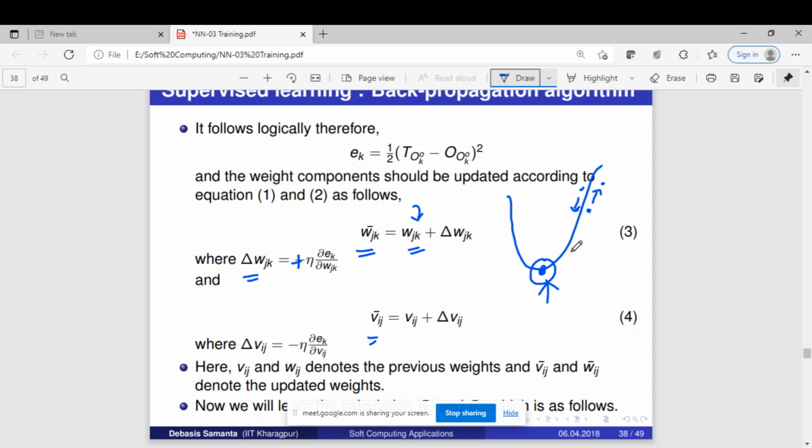Yeah, we should come down. That is the reason the negative symbol is used. Without it, the solution will try to move towards the upper part of the graph, but that is not our objective. Our optimal solution is at the global minimum location, so we should come down. For that we introduce this minus sign.